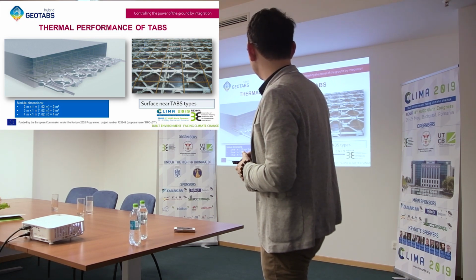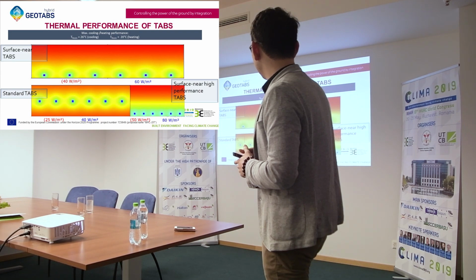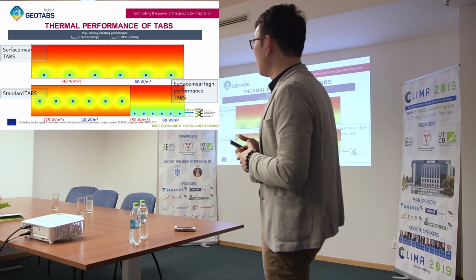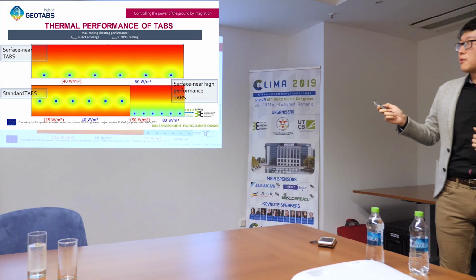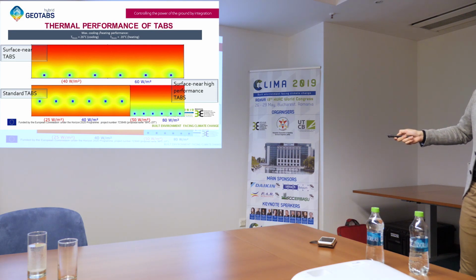So it's the same procedure as regular TABS. But of course, the heating and cooling capacity will be different. Here you can see a comparison of the surface near TABS, with standard TABS and surface near high performance TABS. The red one here is for the heating and the blue one for the cooling.